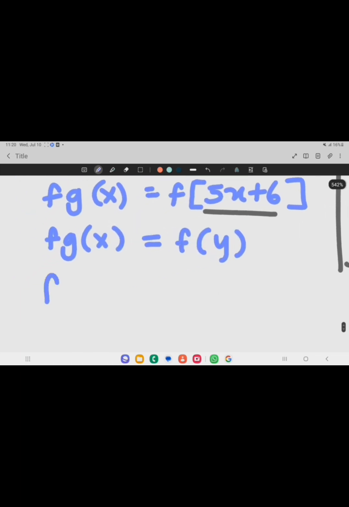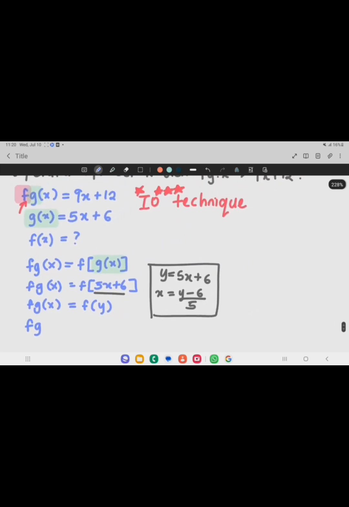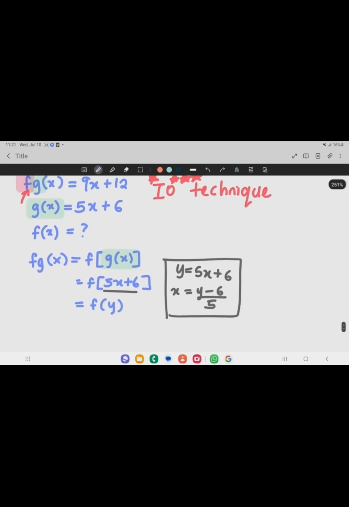Continue with f of g of x. Oh, I forgot to substitute the value of f of g of x. You can substitute the equation of f of g of x because it is given here in the question.